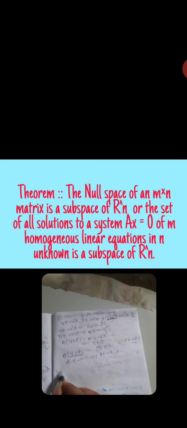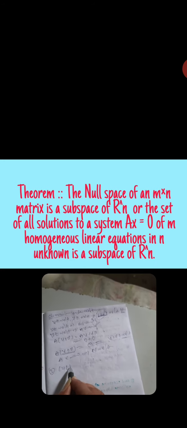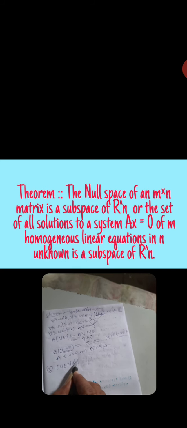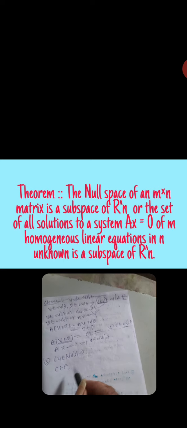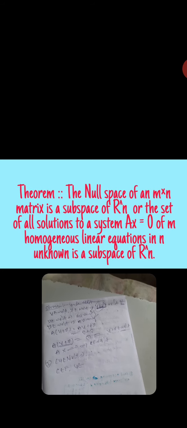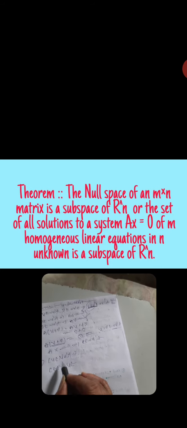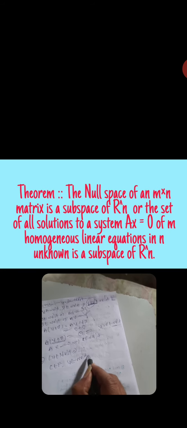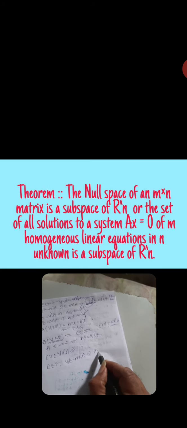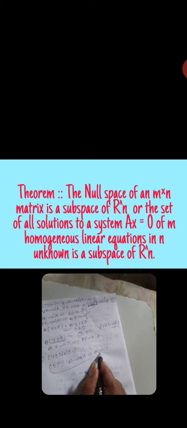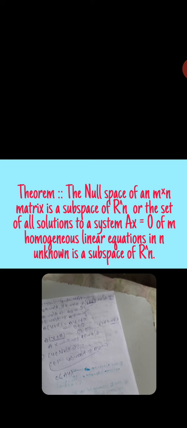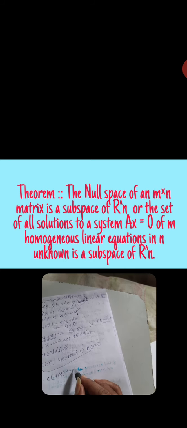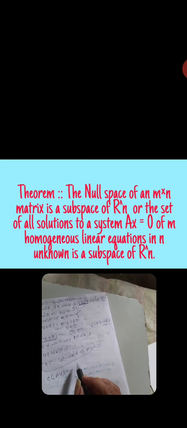Now, third property, CU is also an element of null A. C is an element of F first. U is an element of null A. U is in null A means the condition AU is equal to 0. Multiply these two, C into AU.